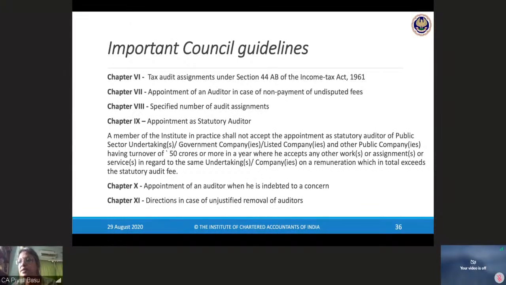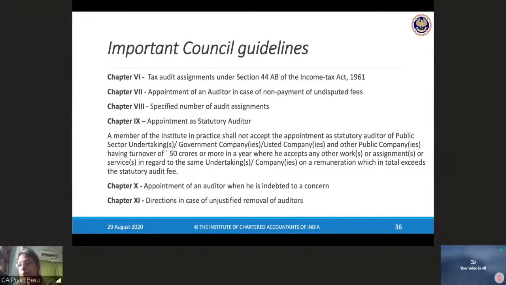Members of the Institute in practice shall follow the directions given by the Council or appropriate committee, not to accept the audit appointment as an incoming auditor in case you feel that the retiring auditor has been removed or has resigned in an unjustified manner. He has been removed in an unjustified manner. He has been forced to resign in an unjustified manner.